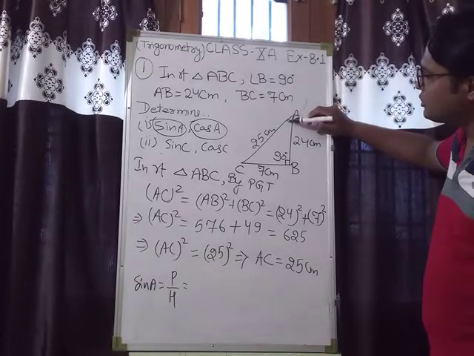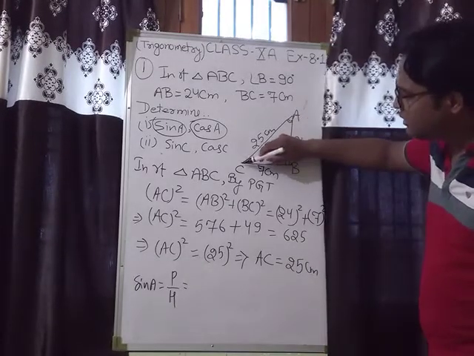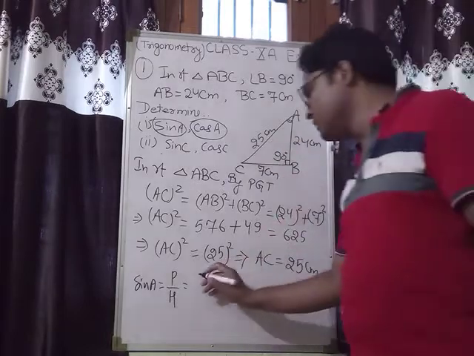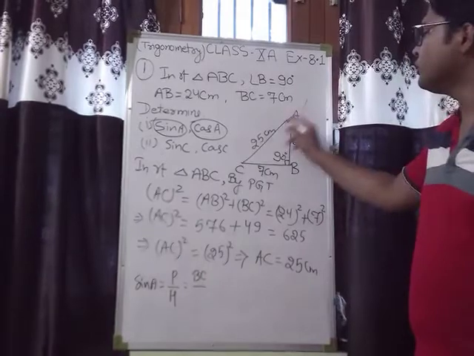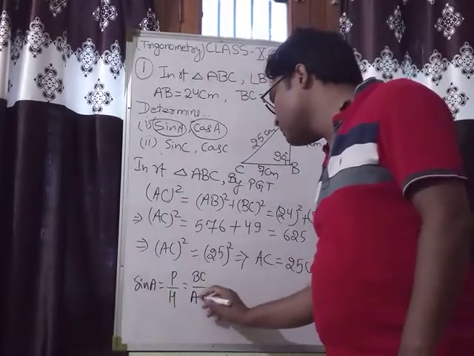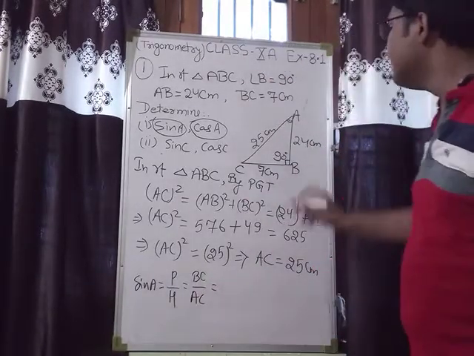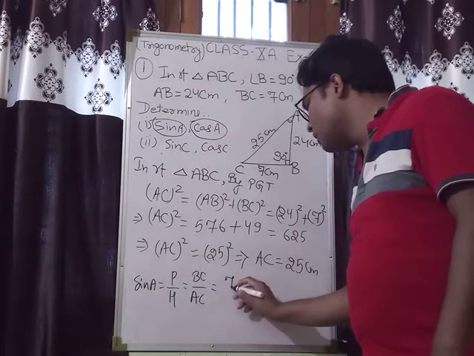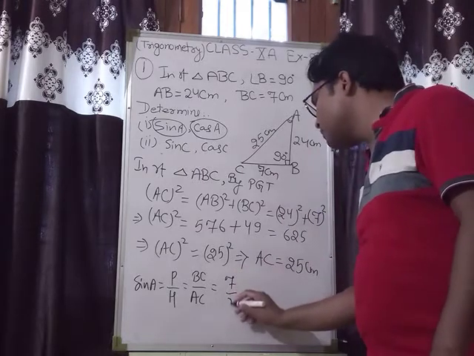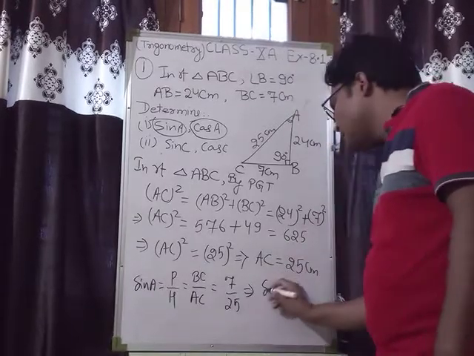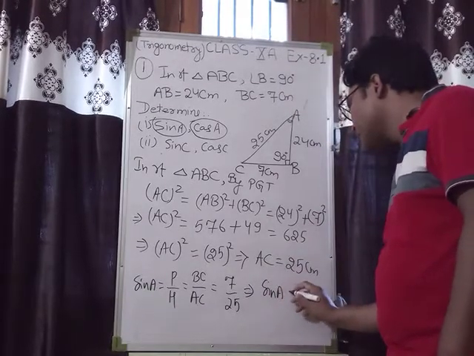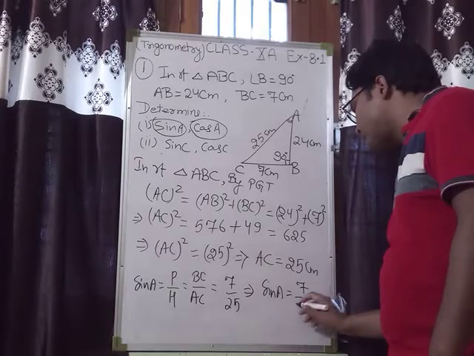So side opposite to this angle, that is BC, will be perpendicular. So BC upon hypotenuse AC. Clearly BC is 7 and AC is 25. So sin A is 7 by 25.